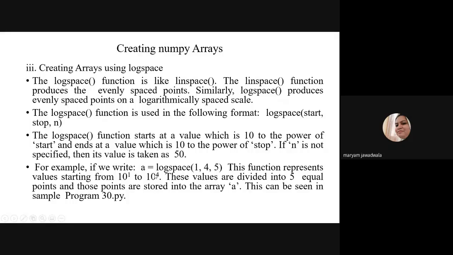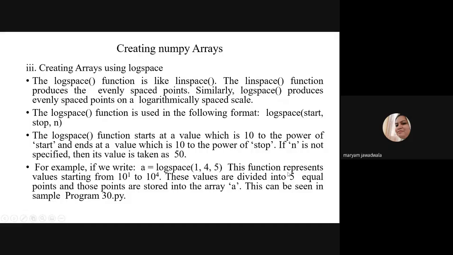Okay. For example, I am creating one array A, and A equals logspace(1, 4, 5). So what do you mean by this? This function represents values starting from 10 power 1, 10 power of start is 1, to 10 power of end, 4.